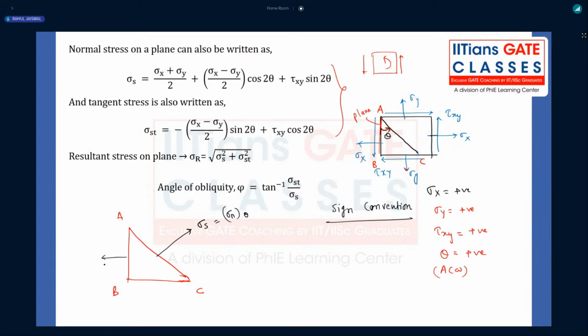For example, here it is x, and here it is y. This will be x, this will be y. When I rotate this plane by theta in the anti-clockwise direction, I am transforming my equation from x, y coordinates to s and st coordinates. Getting my point? So this will be st, this will be st.